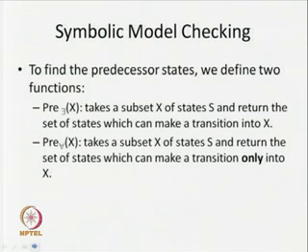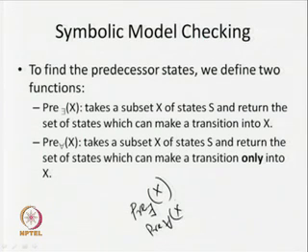Okay. Now, for that, when we look at symbolic model checking, we need two operators. One is pre there exists x, and the other is pre for all x, where x is a set of states.